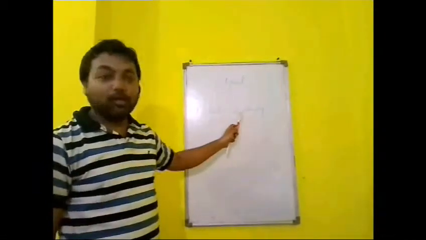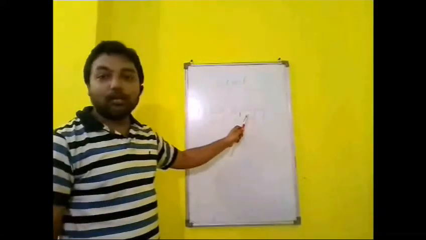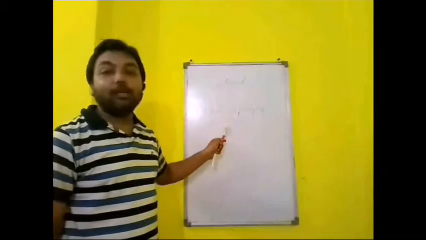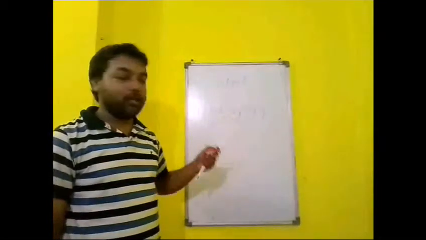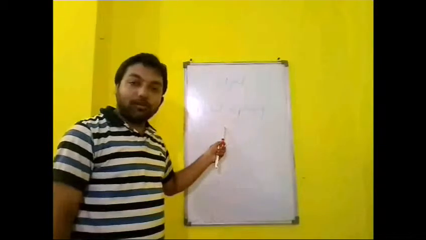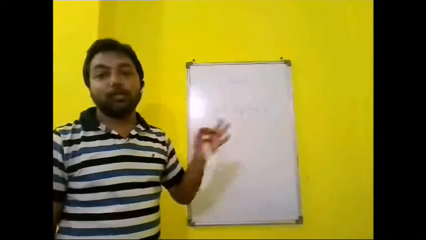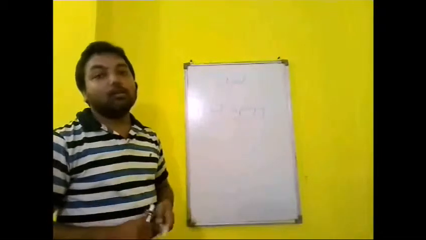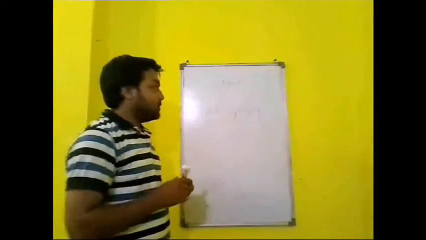Playing is the work, and what Rahul is playing is football. So football is the object here. What work is done by the verb is known as the object. Is it clear?